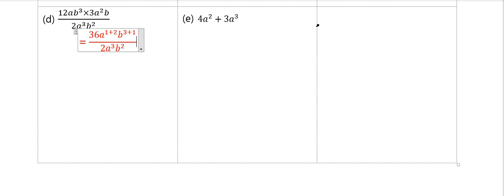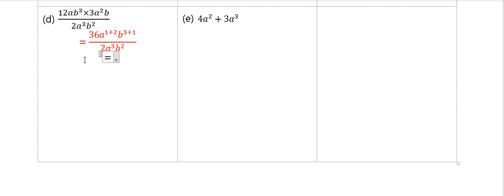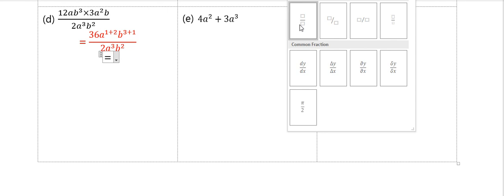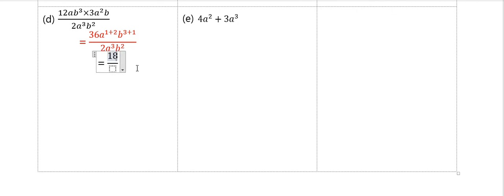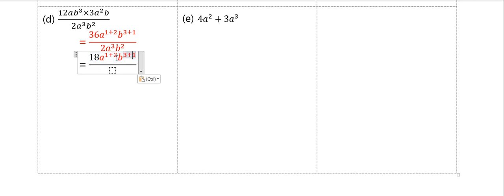Okay, let's simplify this. Along the way, you can simplify the numbers. 36 divided by 2, you can get 18, right? And then a power 1 plus 2, and then b power 3 plus 1 should be here.